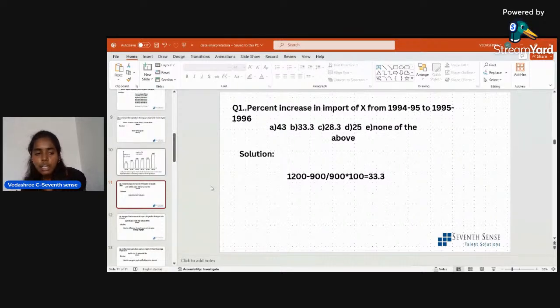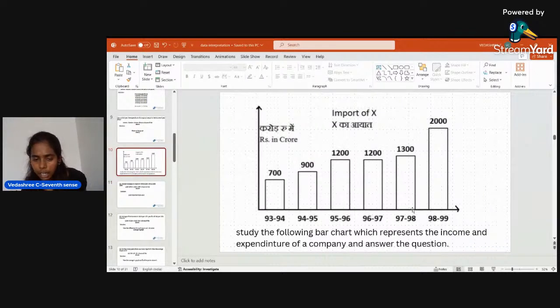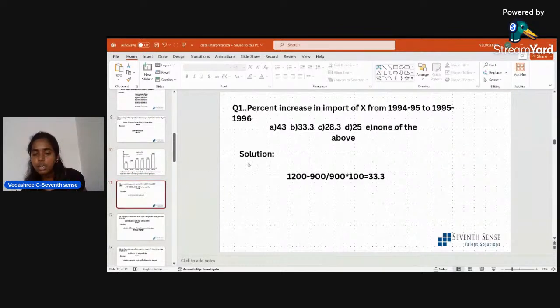So we need to calculate the percentage increase between 1994-95 and 1995-96. What is the import of X between these two? 900 and 1200. So 900 and 1200 is the import of X in 1994-95 and 1995-96. We subtract and divide by, how will you calculate the percentage?